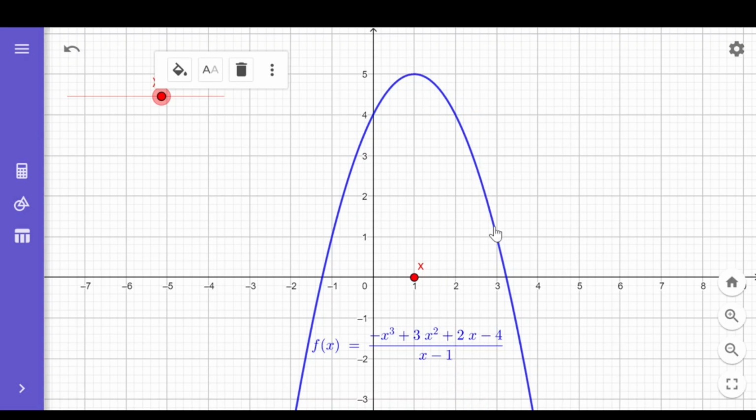That's why biglang nawala yung y sub 1 no, sa function na nandito nung sinet natin na ang ating x ay positive 1. However, in discussing limits, we are not actually interested of whether a function is undefined at a particular x value.